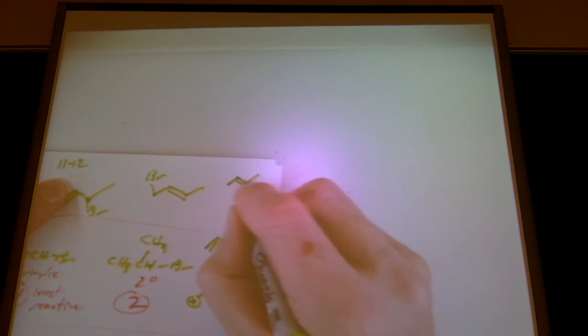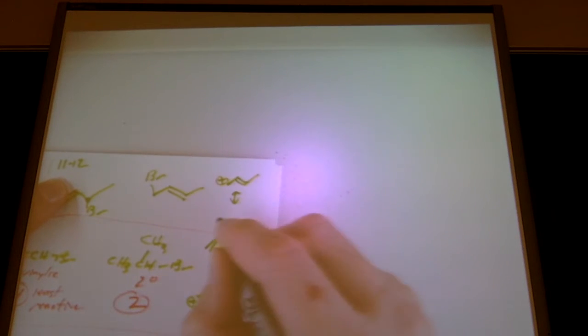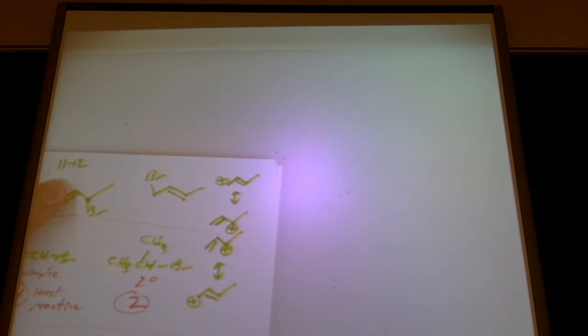Now, if I do the same thing over here for this one, moving that double bond here, how do those resonance structures compare? You see that they're the exact same resonance forms. So the carbocation intermediate formed is exactly the same thing, since it's allylic like that. And that's why they undergo reaction at the same rate.